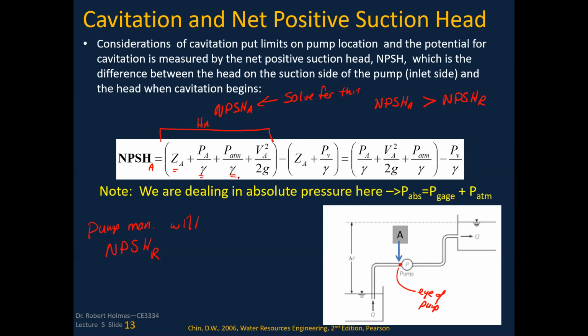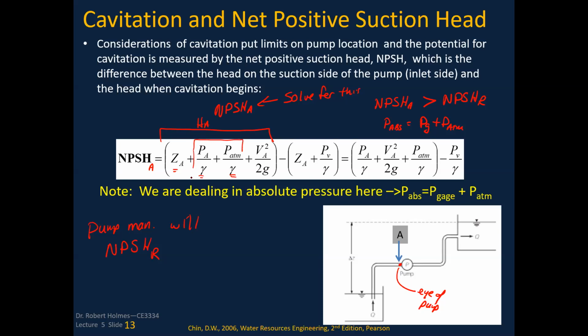Notice that we're going to use absolute pressure here because these pressures can go below zero. We can actually get a negative pressure in terms of gauge pressure, so that's why we use absolute pressure. Just to remind you, P absolute is equal to P gauge plus P atmosphere. That's from fluid mechanics.